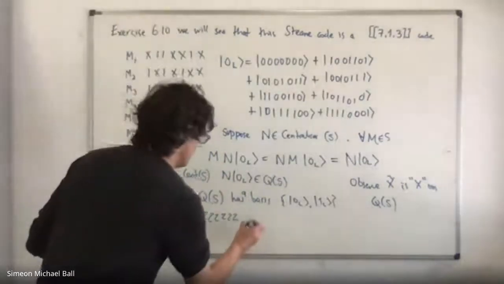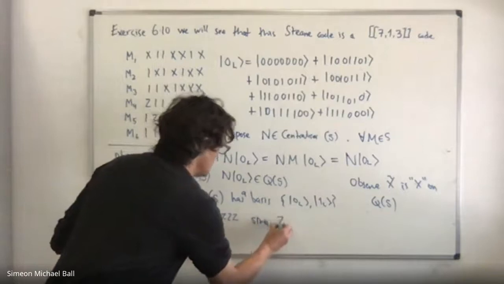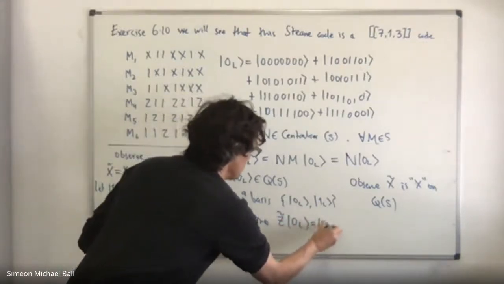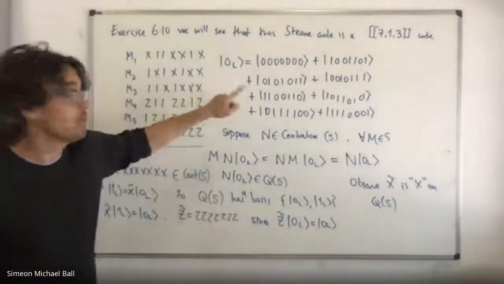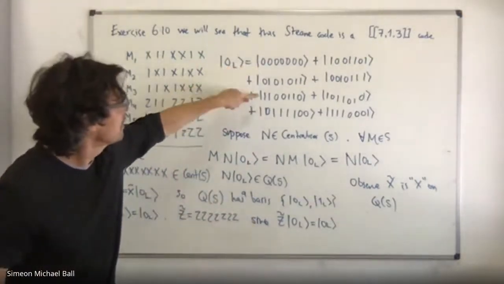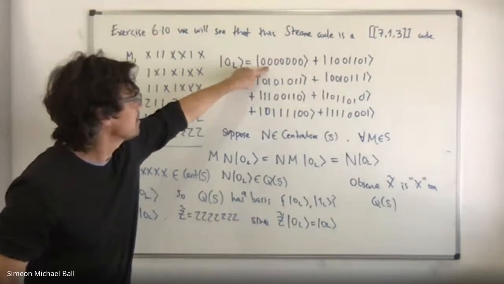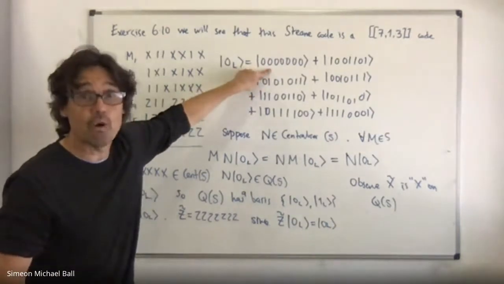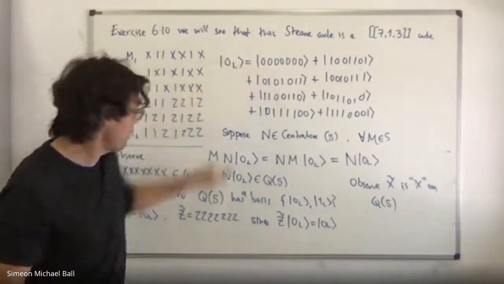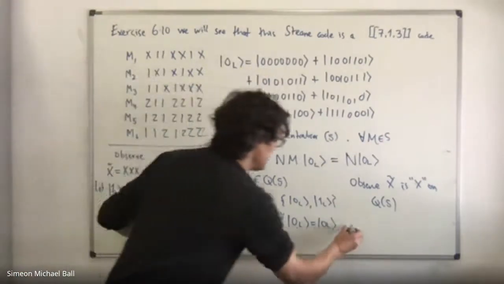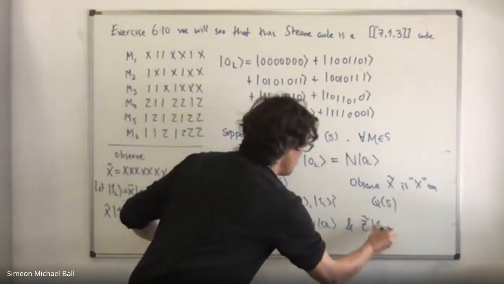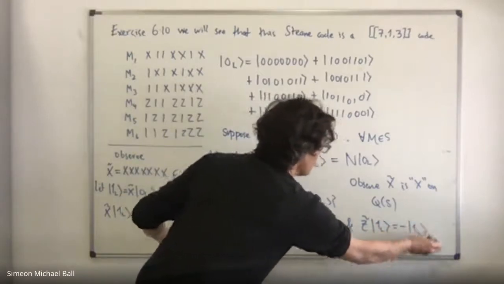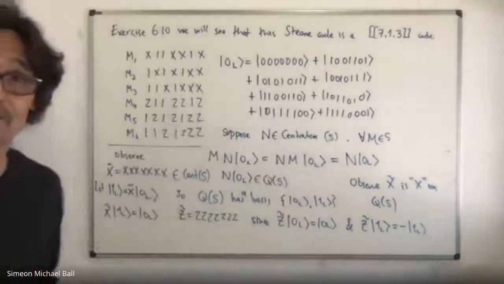So z logical of 0 logical is 0 logical. Whereas 1 logical has all the zeros replaced by 1s and all the 1s replaced by zeros, so all of these have an odd number of 1s in 1 logical. So when you apply z logical, you get z logical of 1 logical is minus 1 logical. Isn't that amazing?